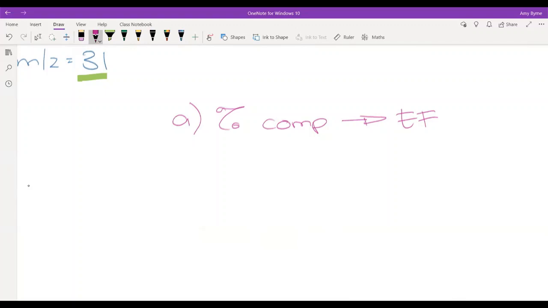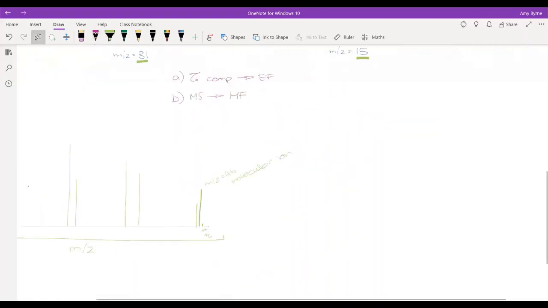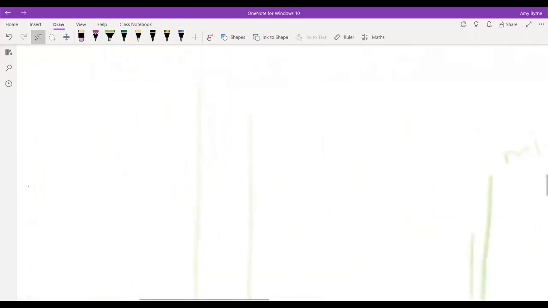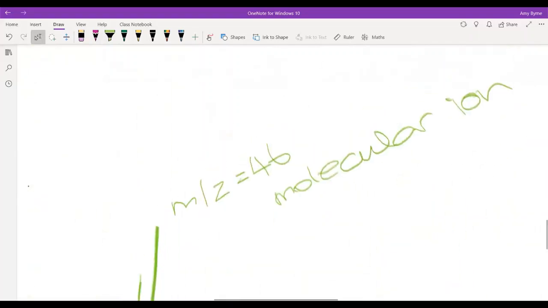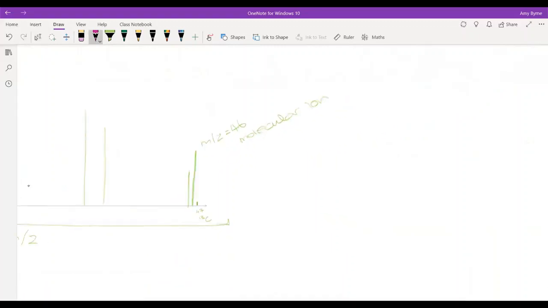Once you've got that empirical formula, you then use the mass spec data to find the molecular formula. Remember, we know the molar mass of the molecular ion from looking at this very rightmost peak that's the big one. This small one afterwards is an isotope peak.